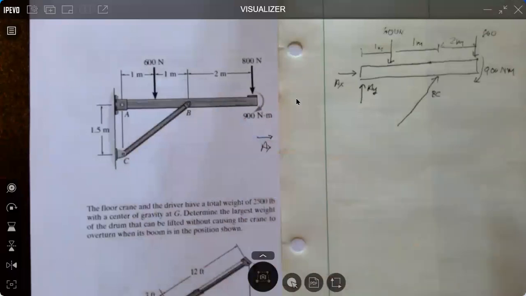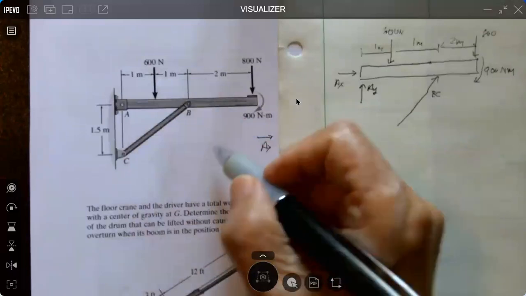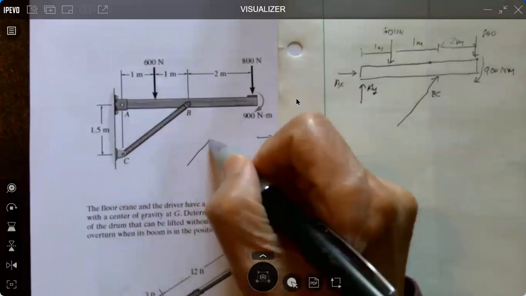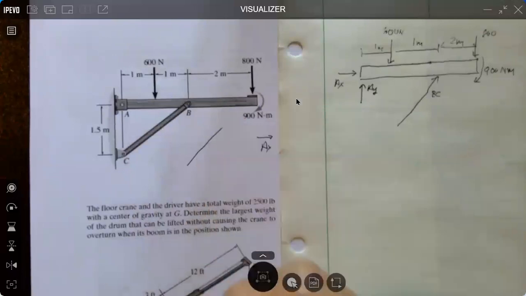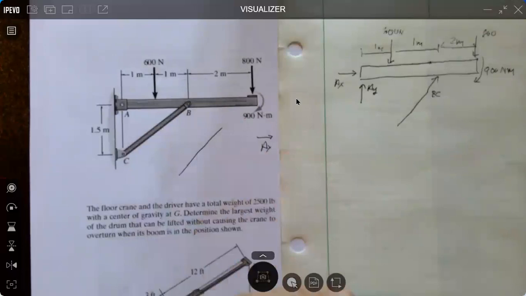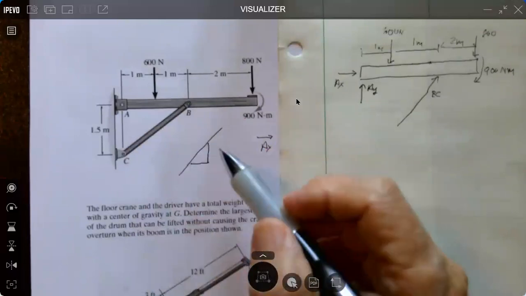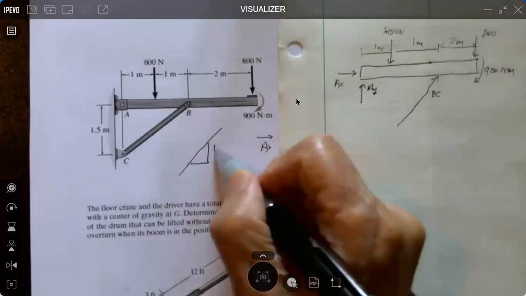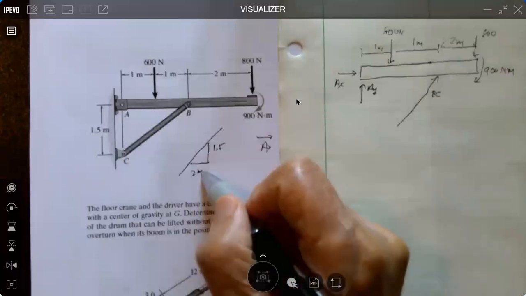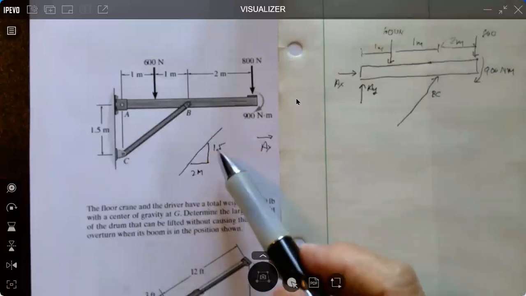I'm going to show you over here on this one. I'm just going to draw this strut. Again, I really do like slopes because it saves having to calculate an angle and then taking a function of that angle. So we have 1.5 vertical and 2 meters horizontal. I can sum the squares and take the square root and so on.